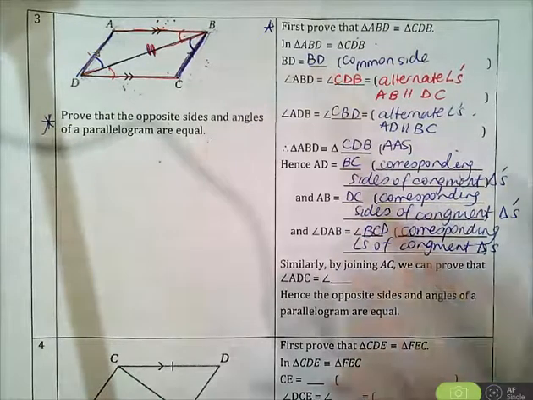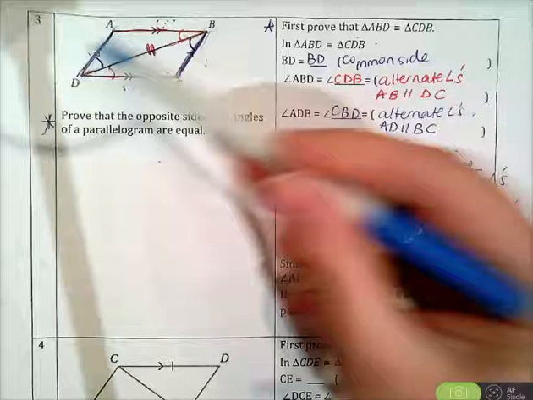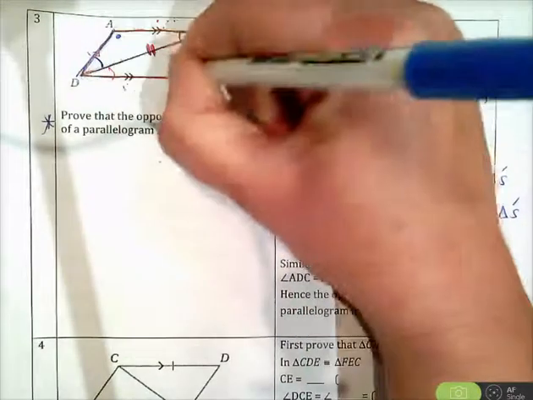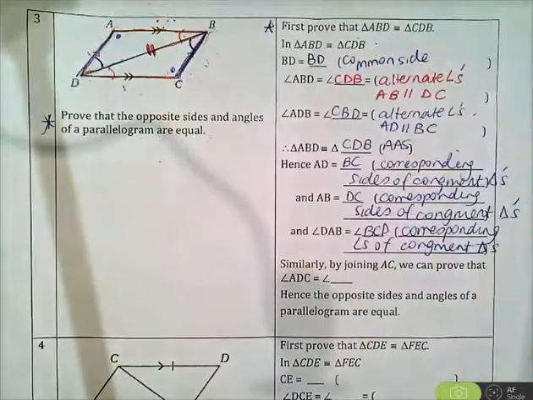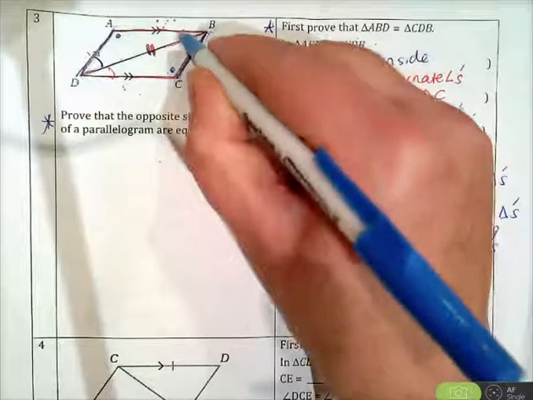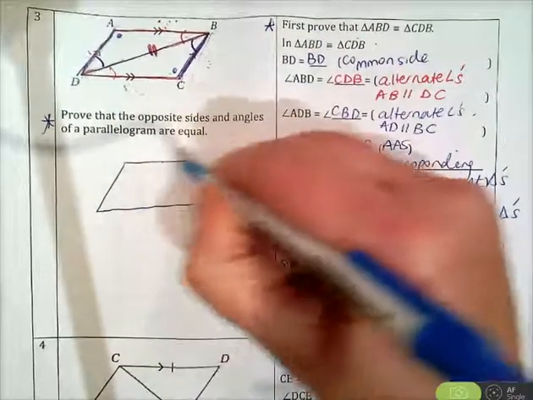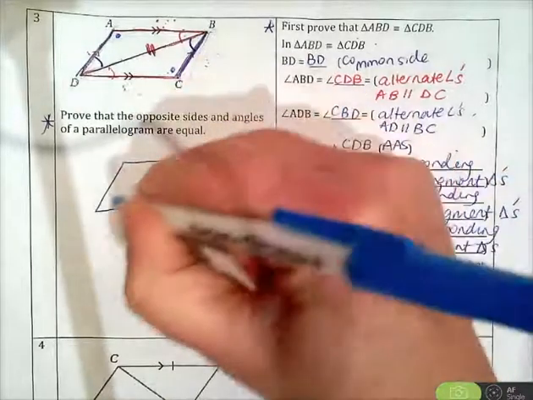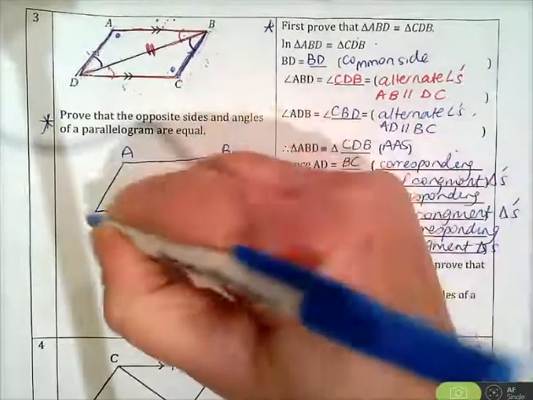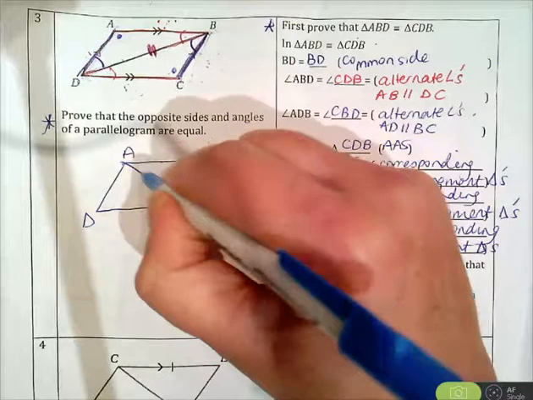Now, that proves that both pairs of opposite sides are equal, but we've only proven so far that one pair of opposite angles are equal. To prove that these other angles at D and B are equal, you'd have to do the question all over again, but instead of putting the diagonal across from B to D, you would have to do the diagonal across like this.